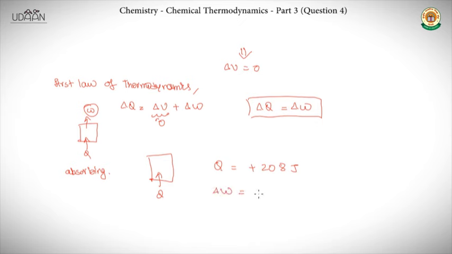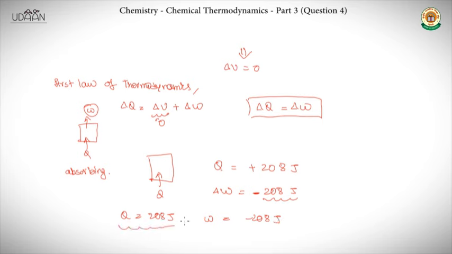Work done: the magnitude will be 208 joules, but what will be the sign convention? Negative, since the work is done by the system. So Q equals 208 joules and work equals minus 208 joules.